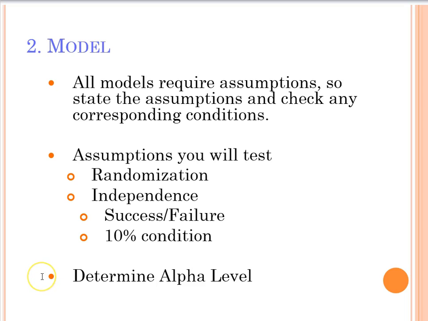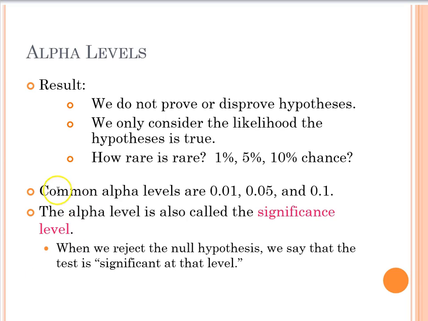The last thing we need to do is we need to determine our alpha level. Our alpha level is essentially how much evidence we have against that null hypothesis. So if you think about a jury trial, what the null hypothesis is that you're supposed to assume innocence until proven guilty.